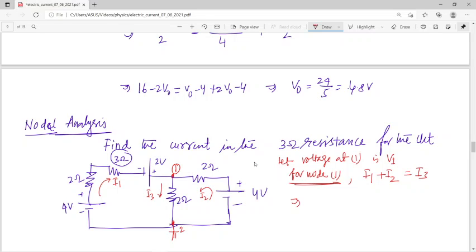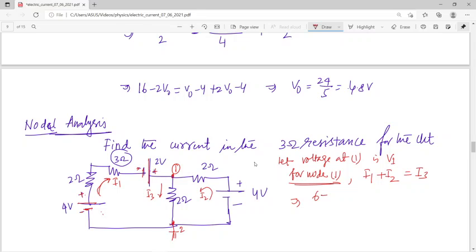For I1, the battery voltage is positive-negative, and when we move from negative to positive, it is taken as positive. So the two battery voltages should be added. The total voltage is 6 volt, because we are moving from negative to positive, as we already discussed in capacitors.